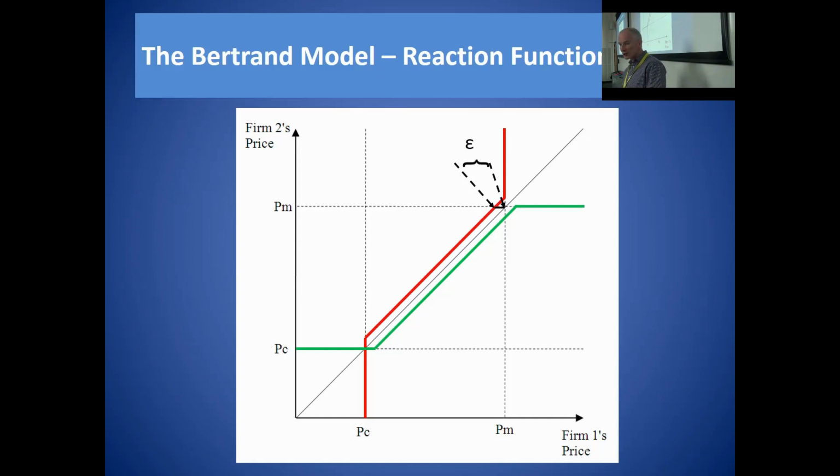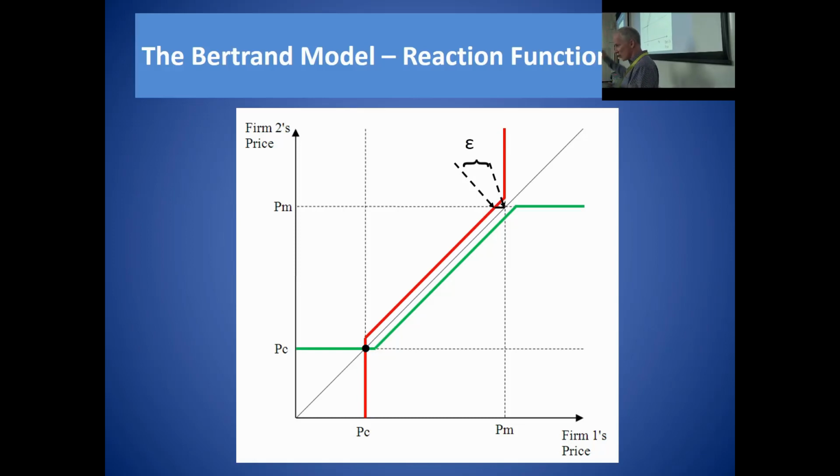That would give us a situation where both firms are choosing an optimal strategy given the strategy chosen by the rival. That is the only combination of strategies where both firms are choosing an optimal response. And by extension, if both firms are choosing an optimal response, there is no incentive to deviate.